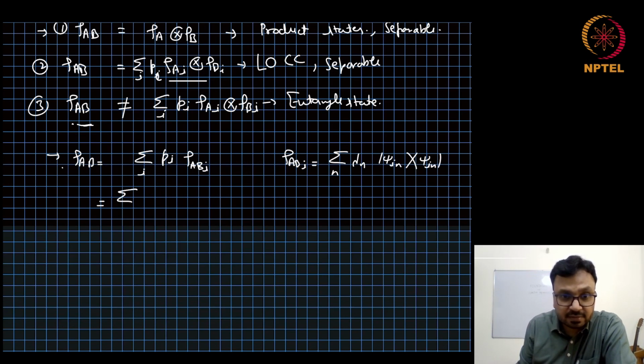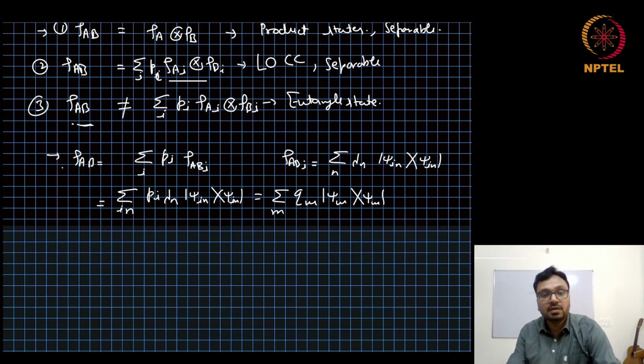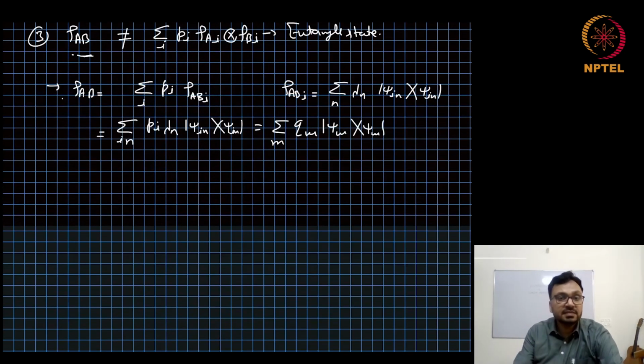So combining these two, we get a sum over i, sum over n, p_i lambda n psi i n psi i n, or a sum over m of q m psi m. So in that way, this separable decomposition is one way of writing the preparation method of a bipartite system, the state of a bipartite system.